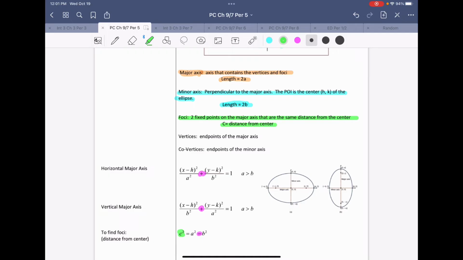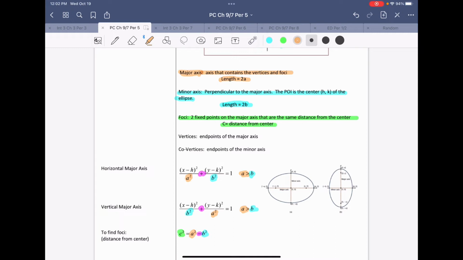So C squared is always equal to A squared, where A is the bigger number, minus B squared, where B is always the smaller number. See how A is always the bigger number in that? So it doesn't matter if B is under X or Y. What matters is that A is the bigger number in there.